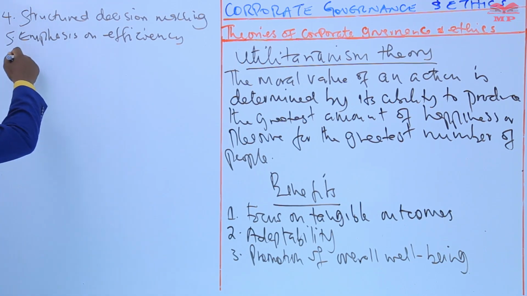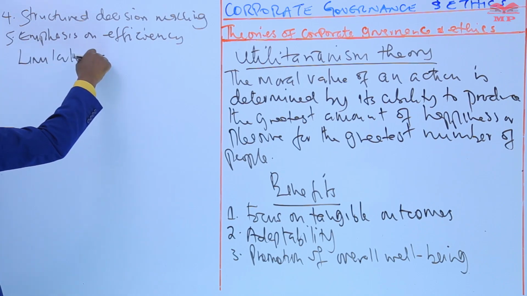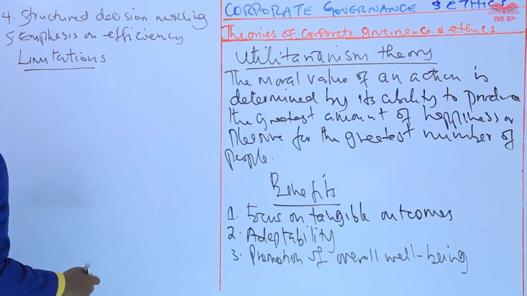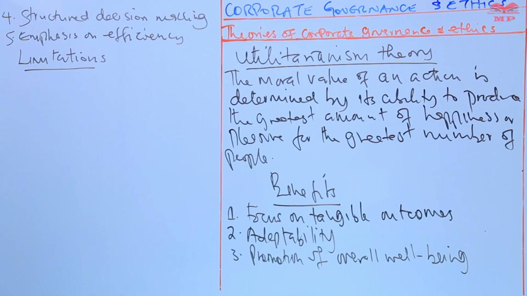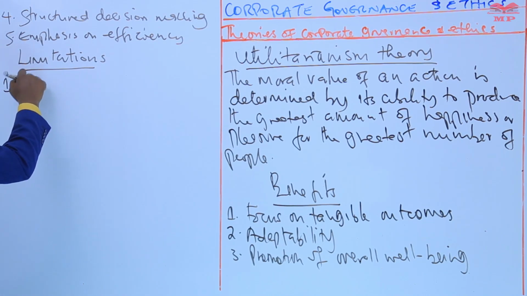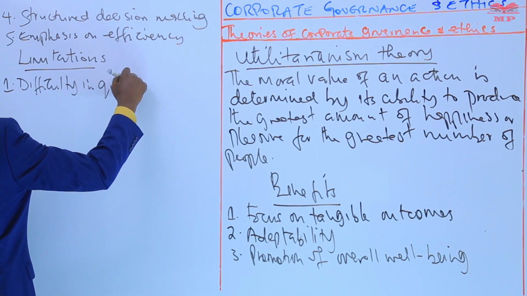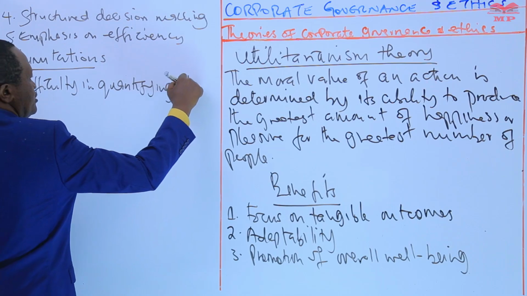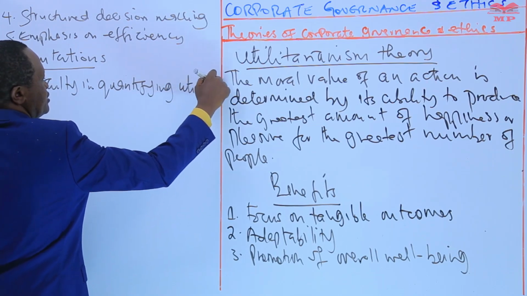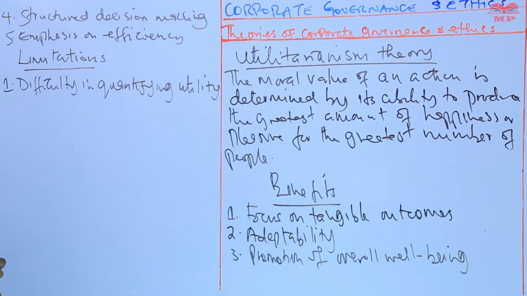Then we have limitations of utilitarianism theory. The first obvious limitation is one relating to quantifying utility. Difficulty in quantifying utility.